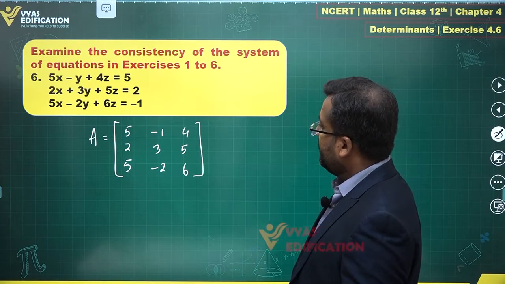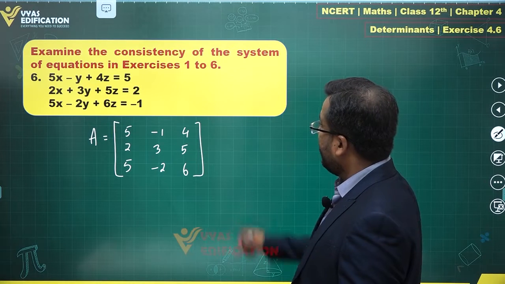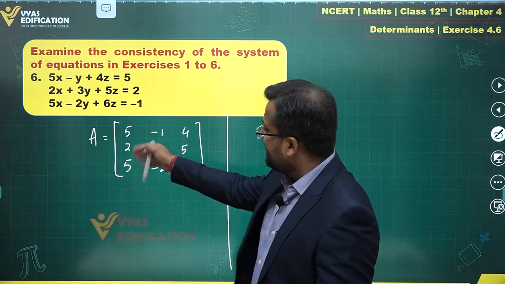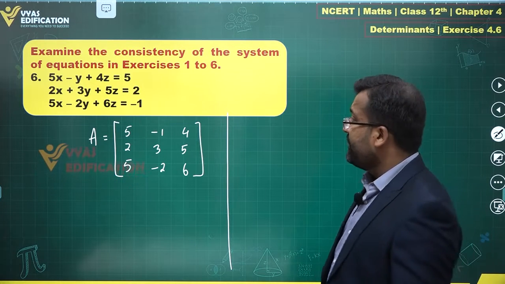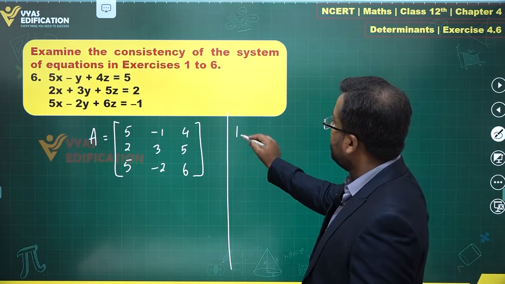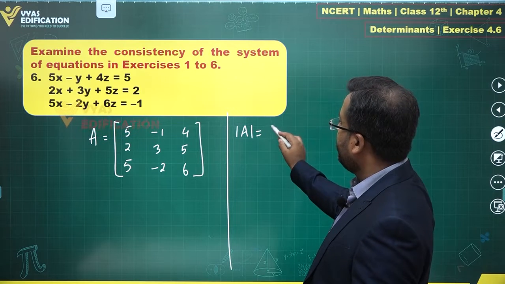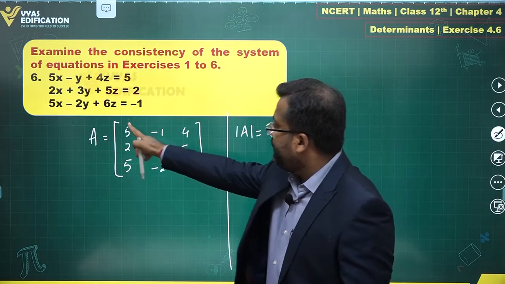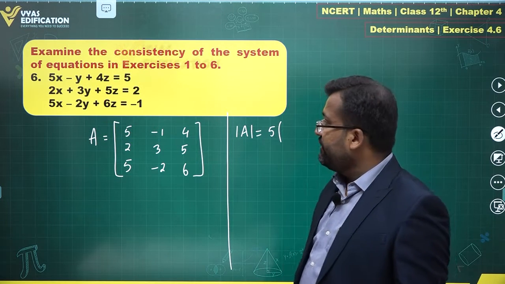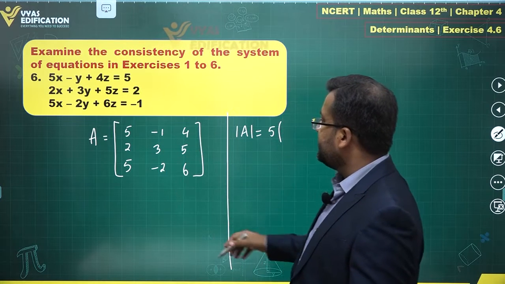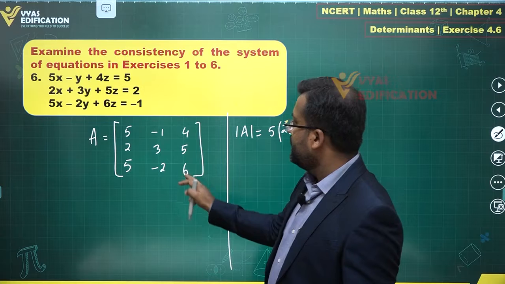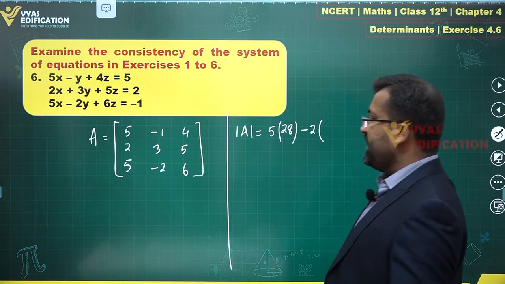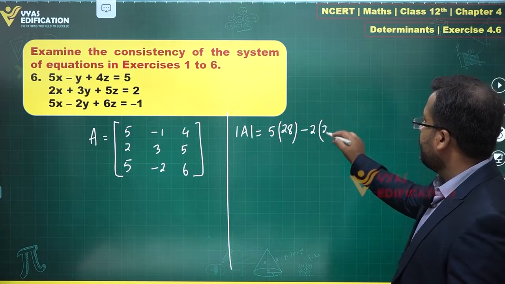What else? Can we create some zeros for finding the determinant? Yes, maybe we can subtract this 5 and 5, but that will not take us anywhere very long. Right, so let's find the determinant of A directly. Determinant of A will be 5 times this, expanding along this column over here, 5 times 18 plus 10 is 28. Minus 2 times -6 plus 8. -6 plus 8 is 2.